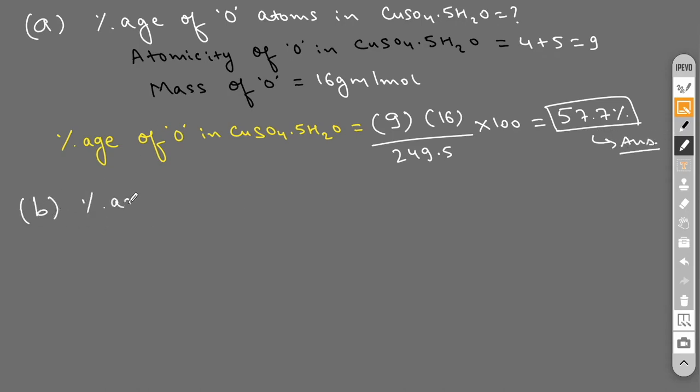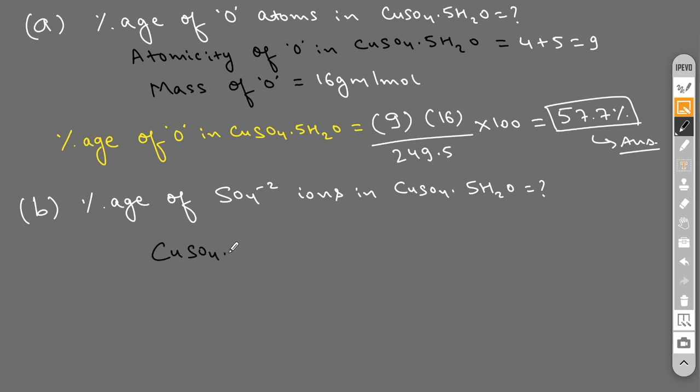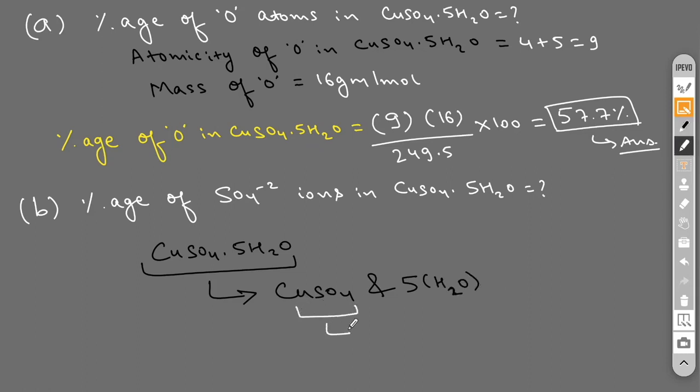Now B part, we have to find the percentage of SO4 minus 2 ions in CuSO4.5H2O, right? We will find where SO4 minus 2 is present. In this compound we have CuSO4 and 5H2O. CuSO4 is composed of Cu plus 2 and SO4 minus 2 ions.